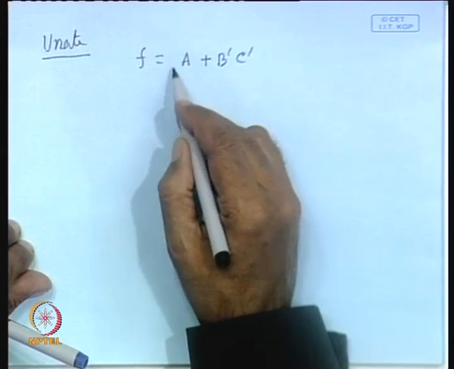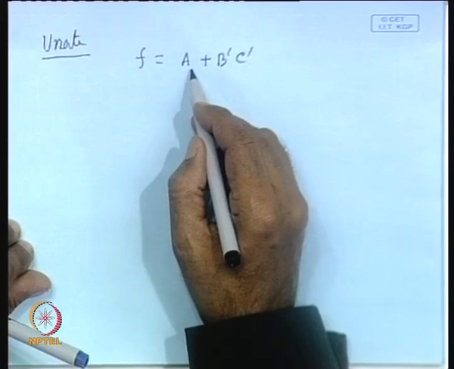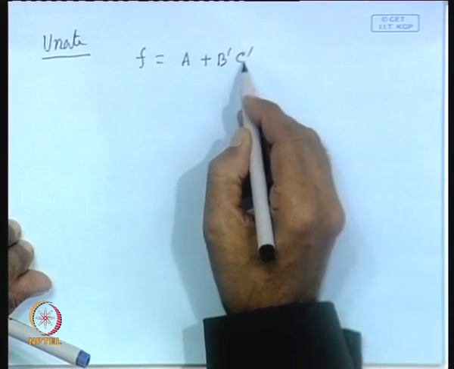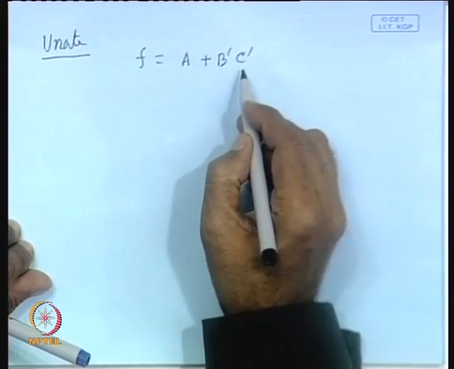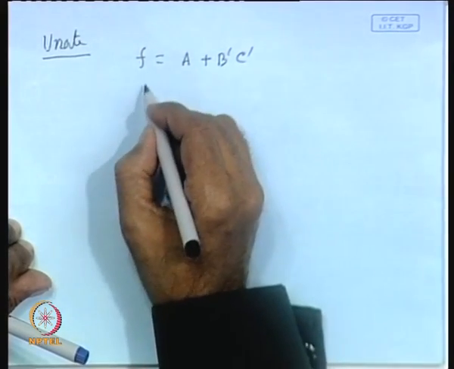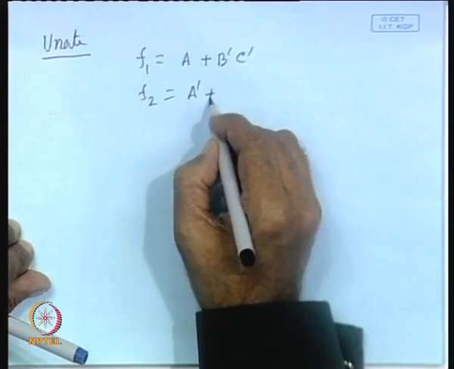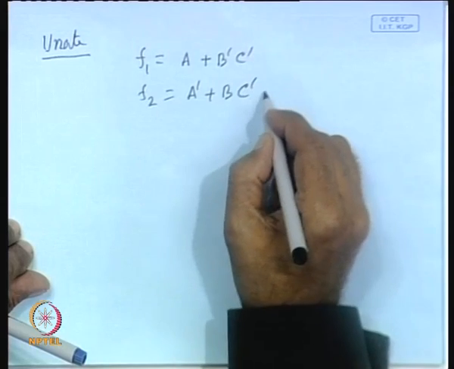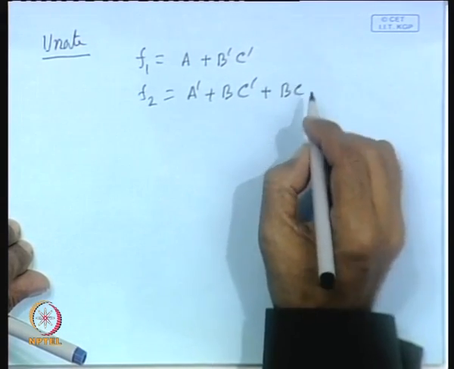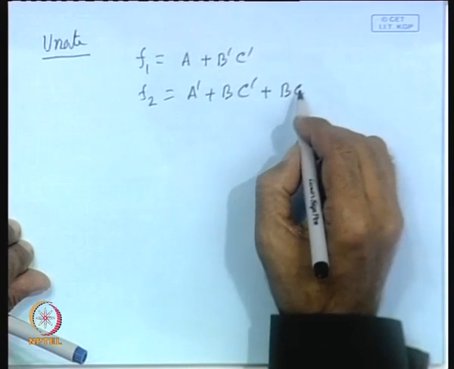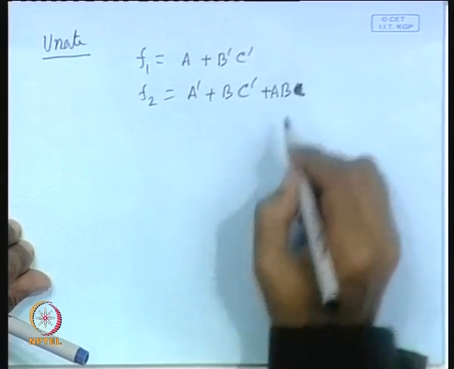That means, for example, A is present here in uncomplemented form, B and C both are present here in complemented form. So, this is a unit function. But if you write another function, say f2, A dash plus B C dash plus B dash B C or say A B, let us assume this is the function.